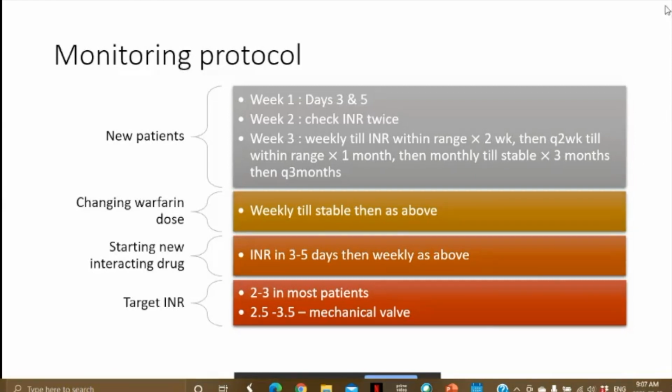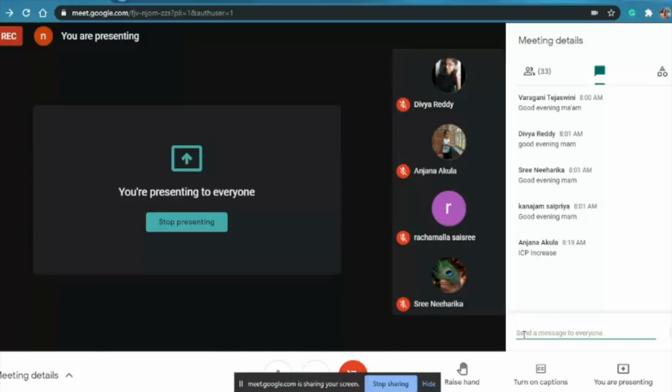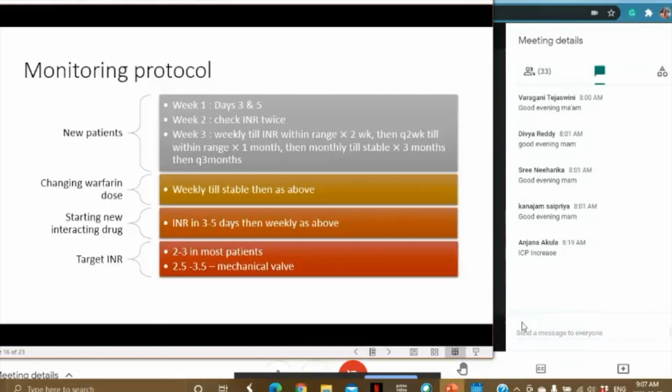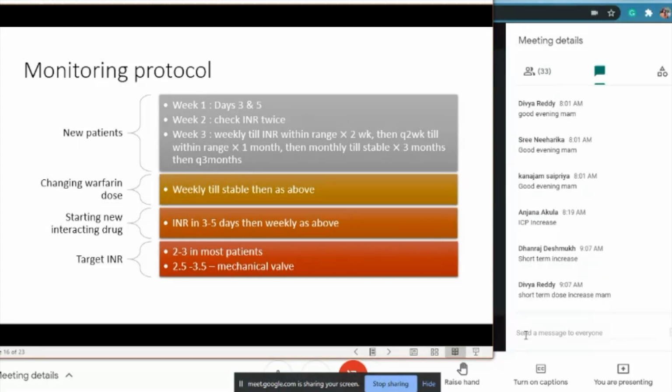What is the answer? Dose increase. Is it short-term or long-term? Short-term dose increase, right? Now, another example.